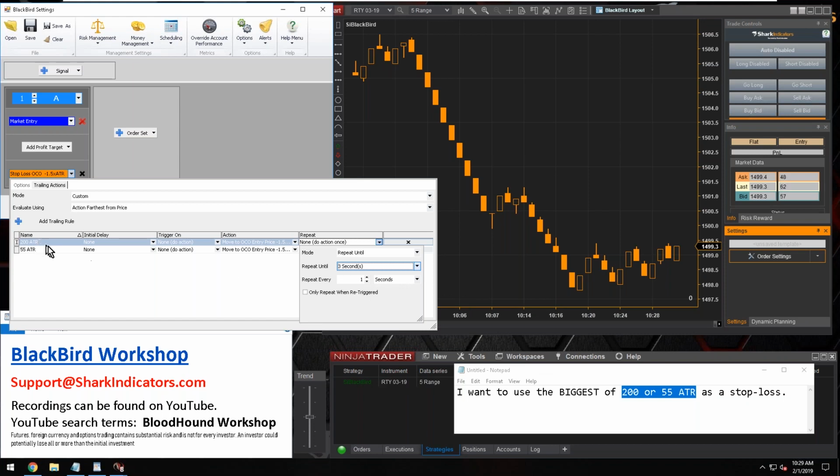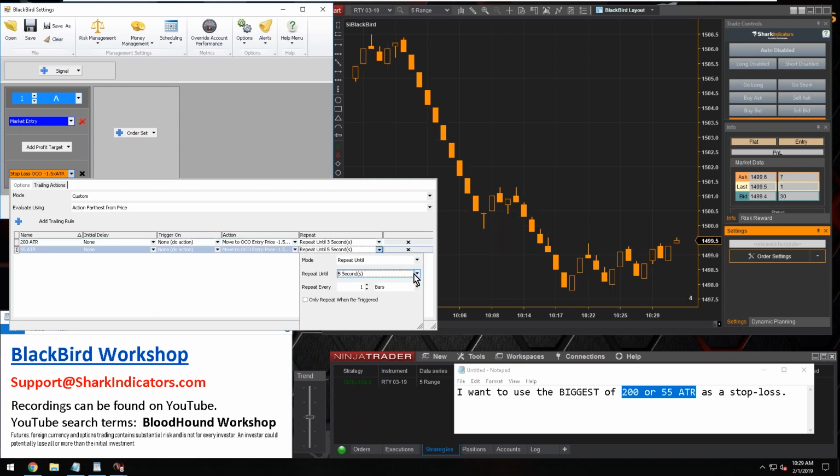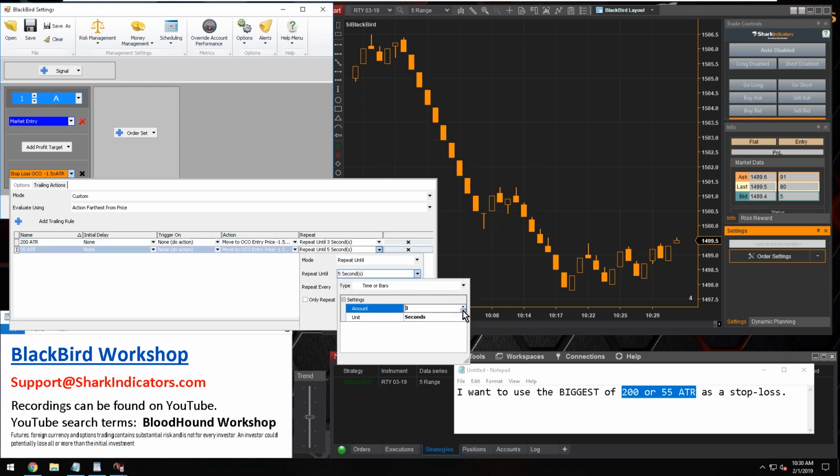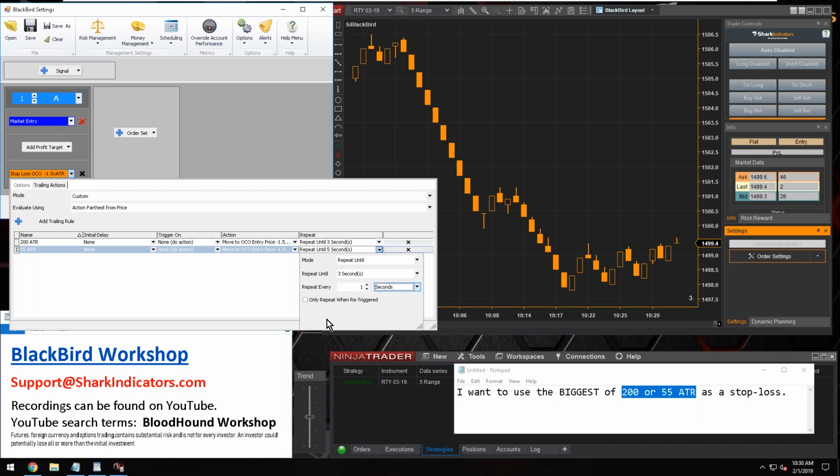So we'll give each of these rules 3 seconds to try and push that stop loss out to the larger of the 200 or the 55 period ATR. So let's adjust both of these here. Okay, that should do it.